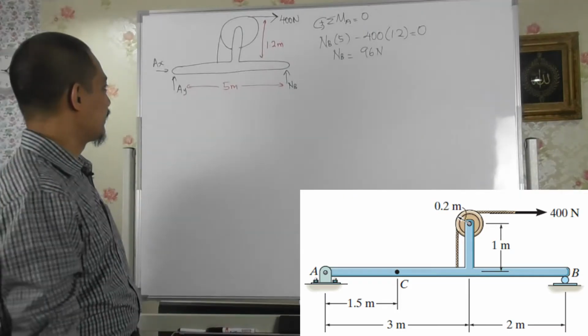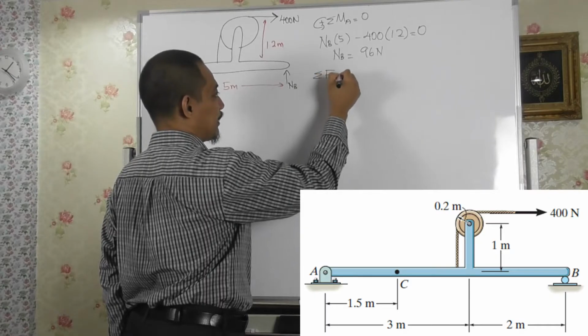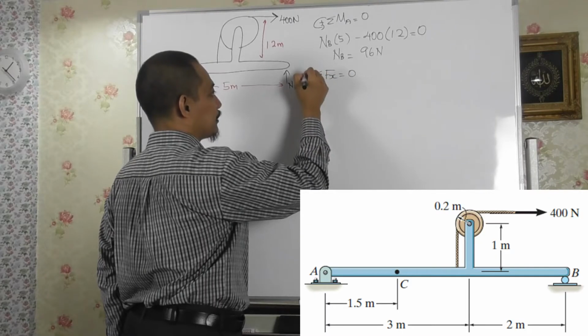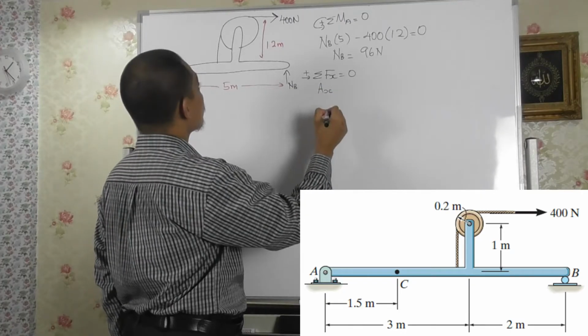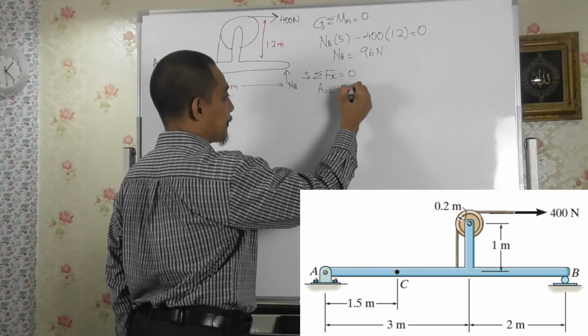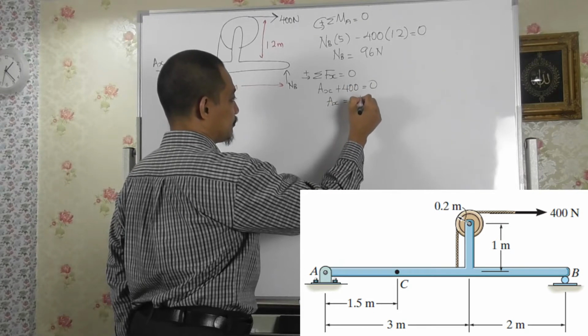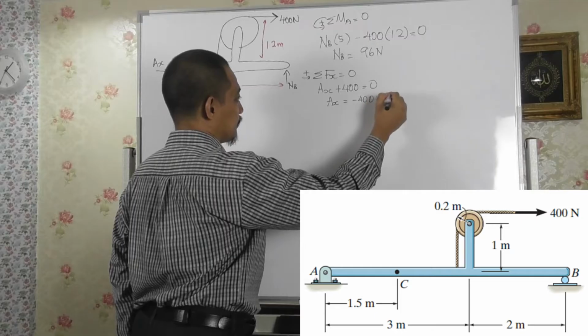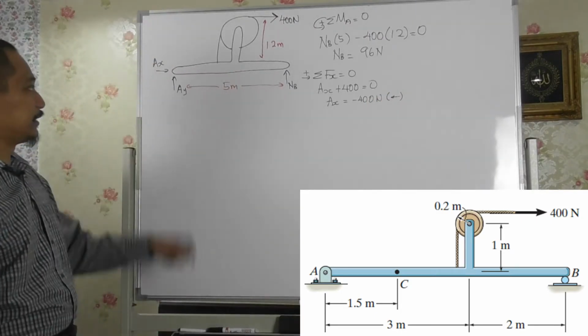So if you have solved that, then you have, for example, summation of Fx equal to 0, taking right as positive. So you have AX plus 400 equal to 0. So AX is actually negative 400 Newton, which means it's actually to the left, right?